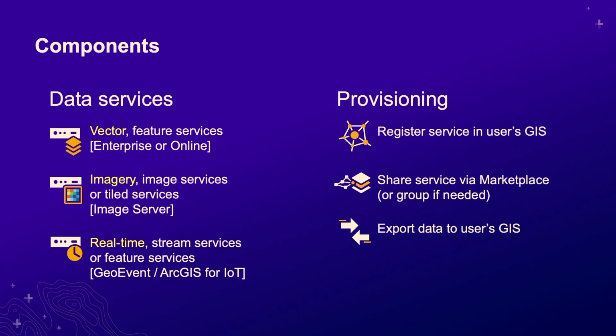When it comes to imagery, you can deliver as image services or tile services using our ArcGIS Image Server role. And for delivering real-time data, you can do this as stream services or feature services using ArcGIS GeoEvent Server, which is a server product that you can deploy in your own managed infrastructure or cloud infrastructure.